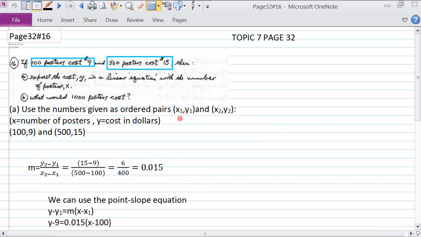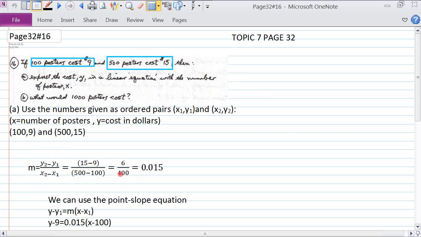So this is x1, y1. This is x2, y2. And you can see that m is the difference in y, 15 minus 9 over 500 minus 100.